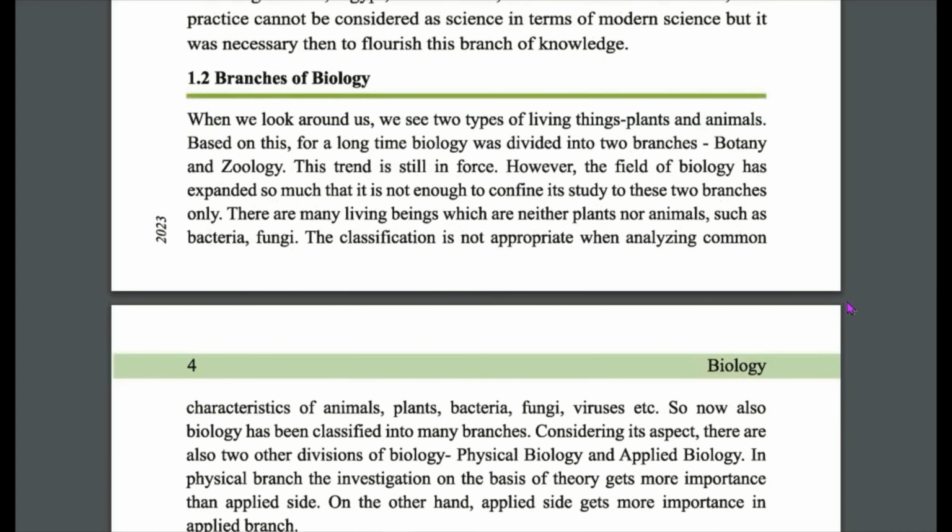So now here are the branches of biology.